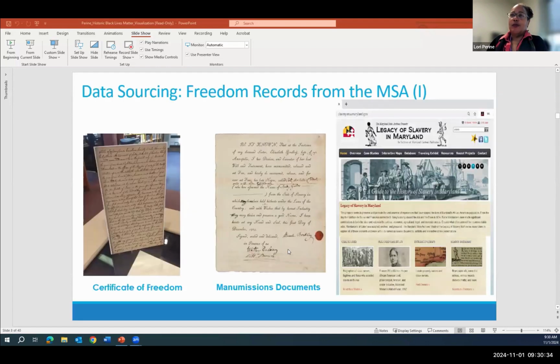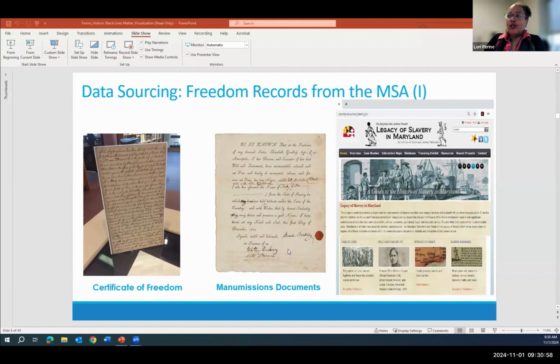So the data that we use comes from several sets of freedom records that are available in the Maryland State Archives. Two sets of records in particular were ones that we have worked with consistently throughout our computational treatments activities.